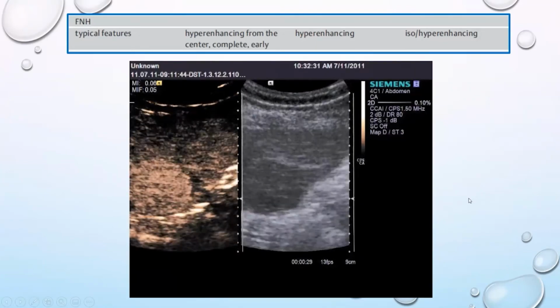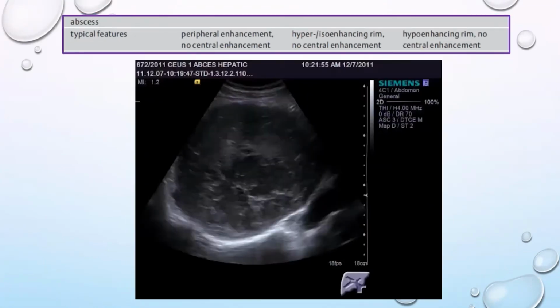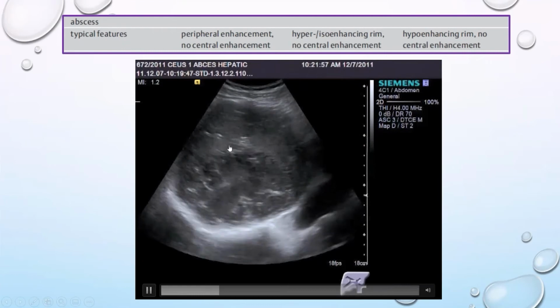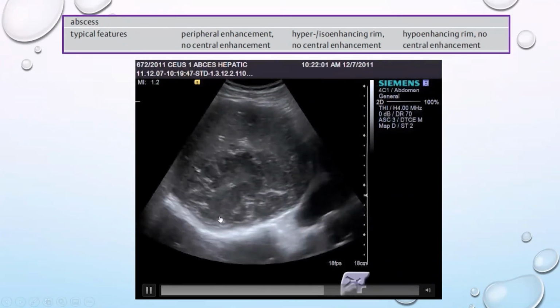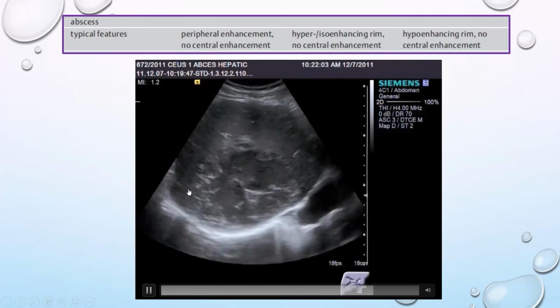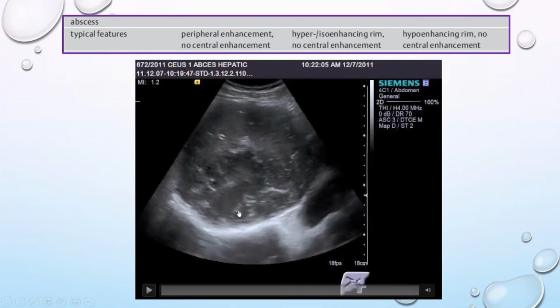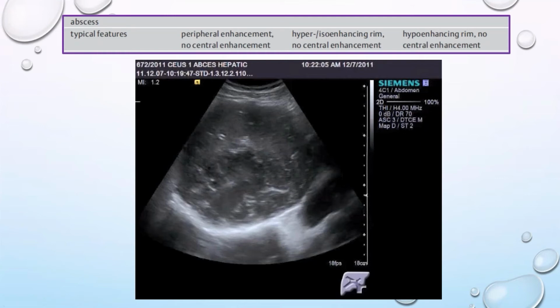For other lesions, for example this complex lesion, the clinical pattern is very important. So if you find such a lesion in a patient that had fever, you are going to think about a liver abscess. So it's very important to have the information regarding the patient before you do the contrast study.